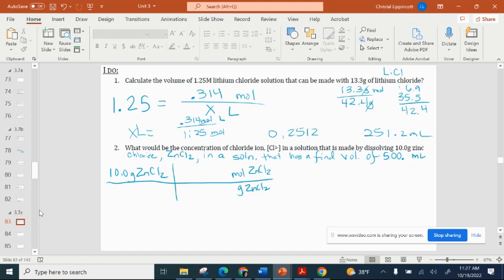Okay, so this is going to be 136.3, and this is 1. And then for every 1 mole of ZnCl2, I have how many moles of Cl minus? Yep, 2 moles of Cl minus.